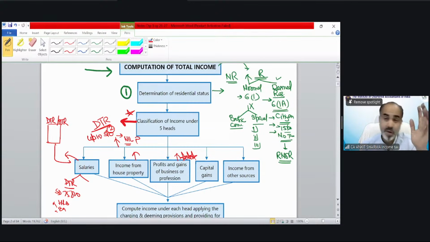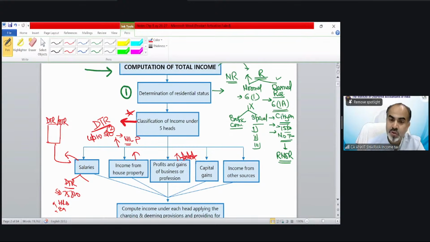So if it's a 15 marks question, I believe 7 or 8 marks are only on this PGBP calculation. The other 7 or 8 would be for calculation of tax, deduction provisions, maybe other income like interest income, or maybe capital gain income or house property. But I guess 50% would be based upon your PGBP provisions.